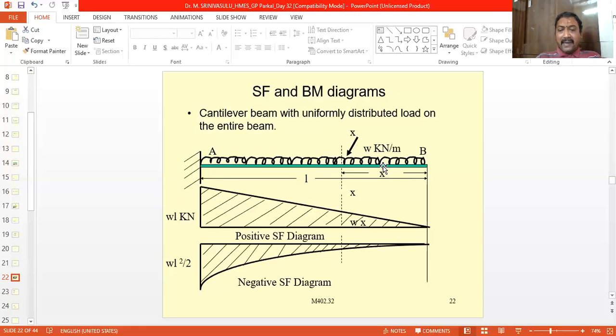So the bending moment caused by this force is equal to force into distance, that is W into x into x by 2. And what type of moment is it causing? To the right it is causing a clockwise moment, so therefore it is negative.